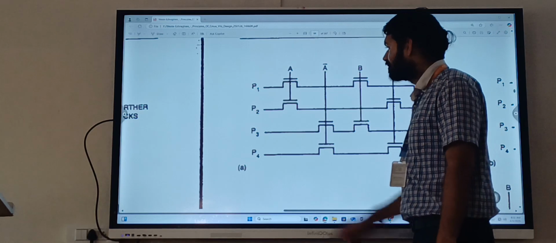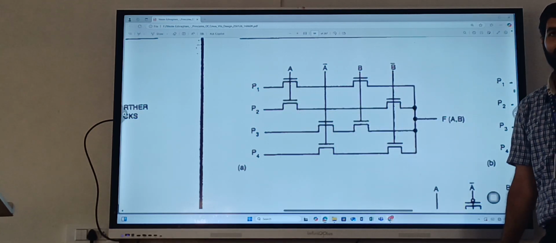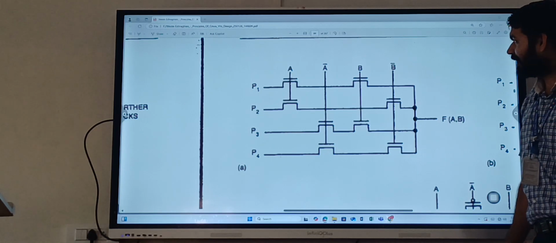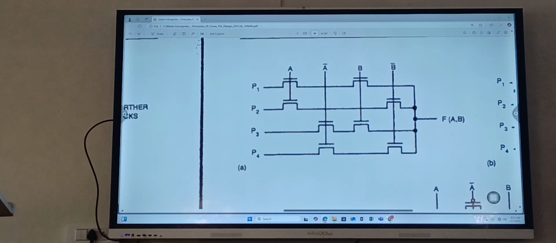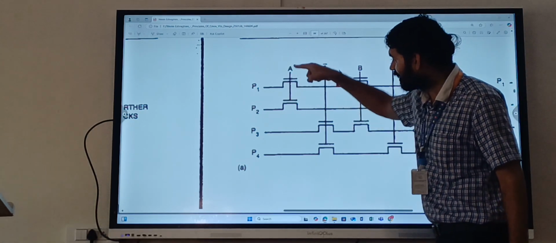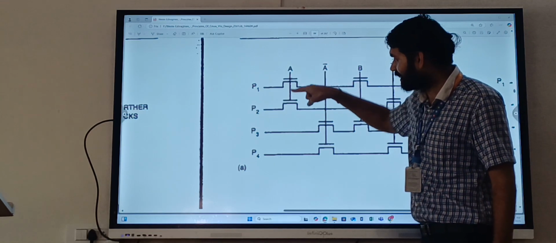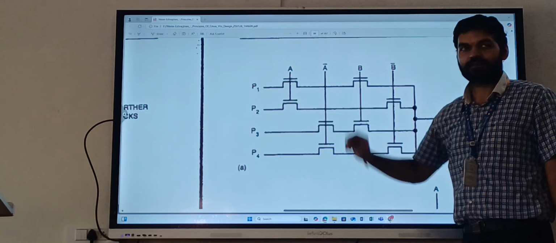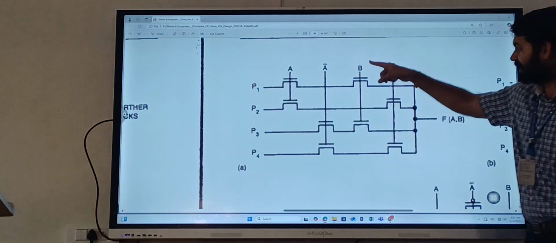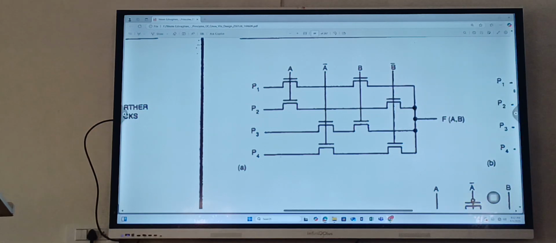Same example. A and B are 0, 0. A is connected to the gate of this and the gate of this. The gates of A are connected to each other. B is connected to this as well as to this also. Fine.